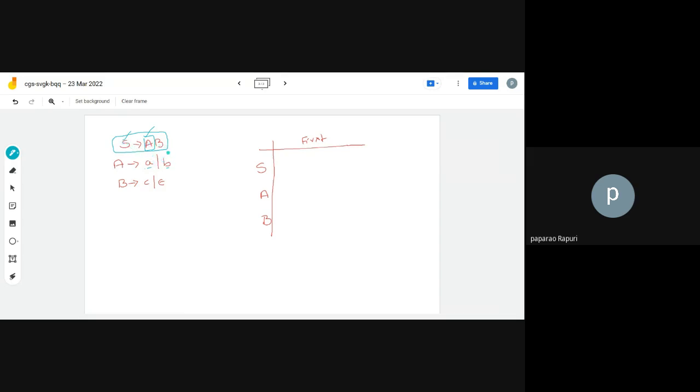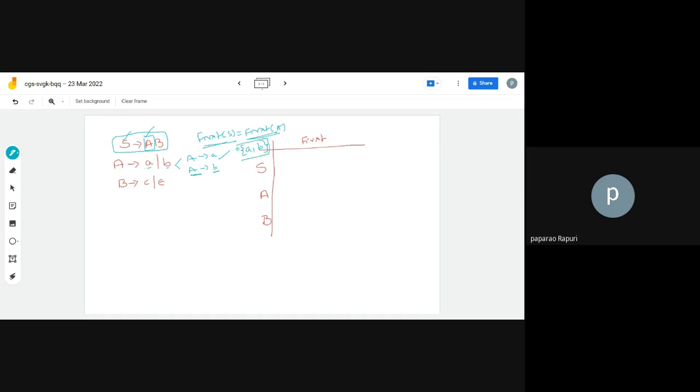So the third rule means first of S is equal to first of A. To fill the first set, first we need to find the first set of A. Here we have two productions, A derives small a and A derives small b. In this case, first of A equals small a, and in this case, first of A equals small b.